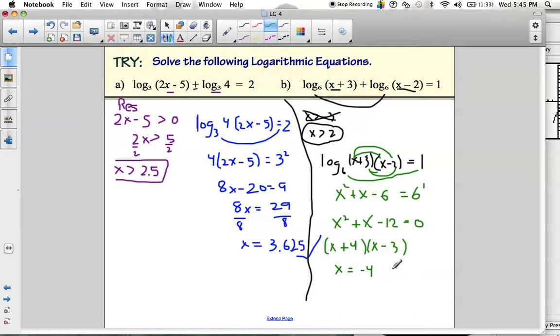And the opposite of that is 3. Okay, but which one is the answer now? So we look up here at our restriction. x has got to be greater than 2. So we put an X through that one. And you got to tell me it's a rejection. Okay, it's a reject. It's R-E-J. Okay, it's rejected, and there's your answer.